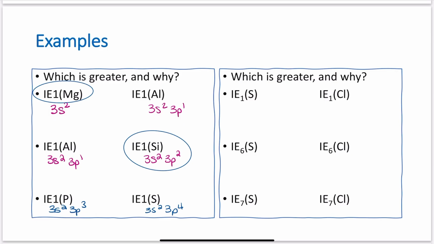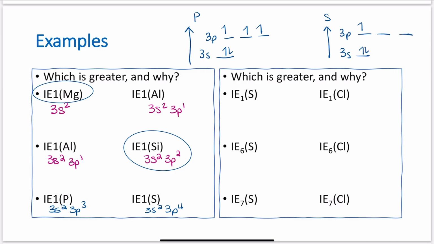Plus, phosphorus already has a half-filled shell. Don't take away its electron. It's not happy with you about it. Looking at phosphorus valence electrons, I have 3 here, versus sulfur, I have 4.